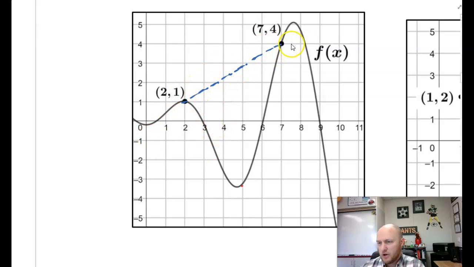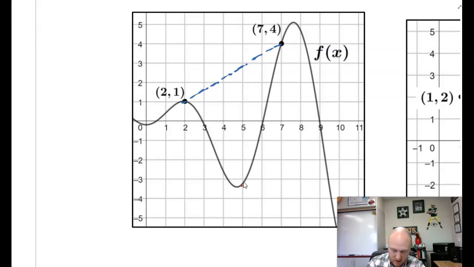Now, is there a spot on this graph where the tangent line, remember, that just touches the graph at one point, has that same slope? Well, none of these are like negative slopes. And as I come down here, it's 0. We're starting to get in the right direction. And then here, these lines are going to be super, super steep. But maybe right here at 5, that tangent line, remember, it's going to touch at 1 point.